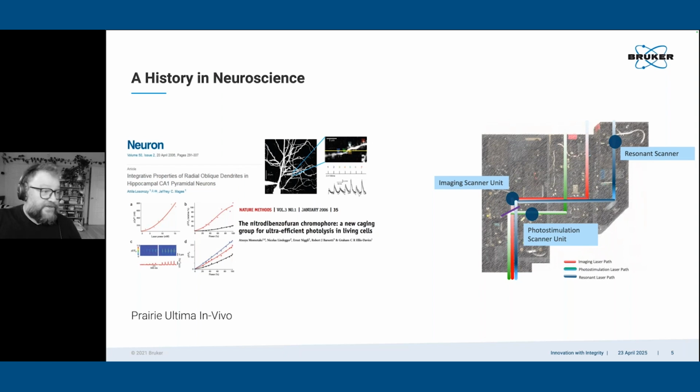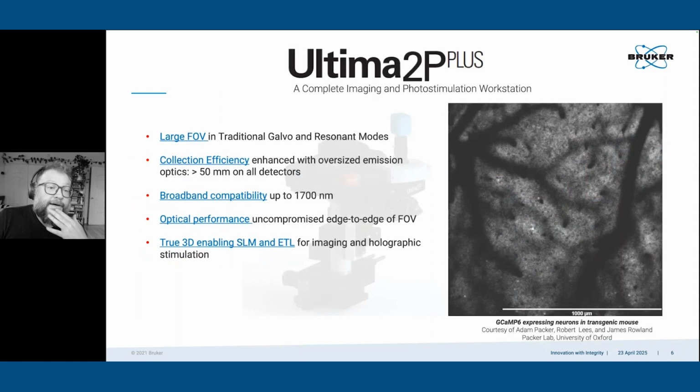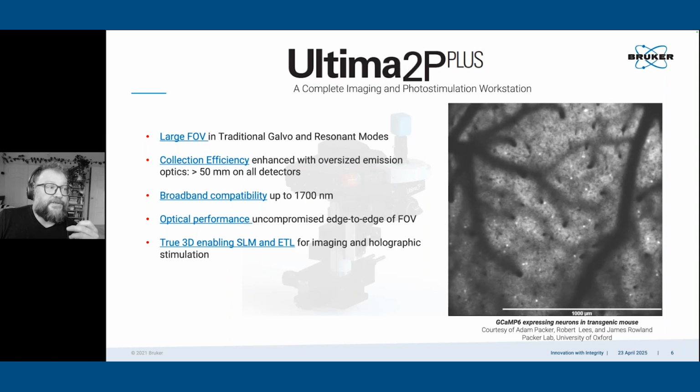And this started out really with glutamate uncaging historically, but has now expanded to a variety of methods of optogenetics, so activation, inhibition, potentially even photoablation. All sorts of different methods can be used with this technology. Now, this has, of course, developed and evolved into our current workstation, the Ultima 2P Plus.